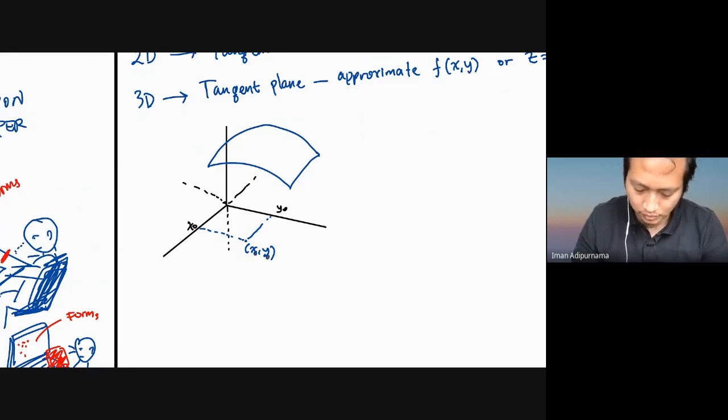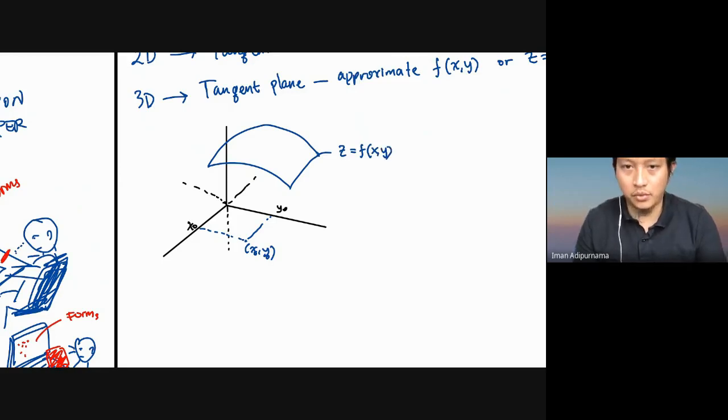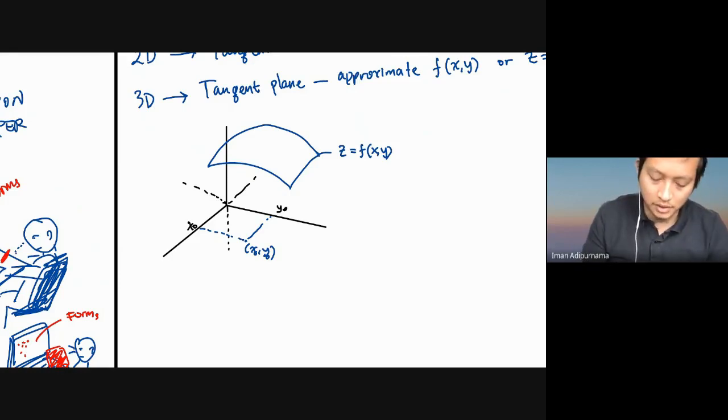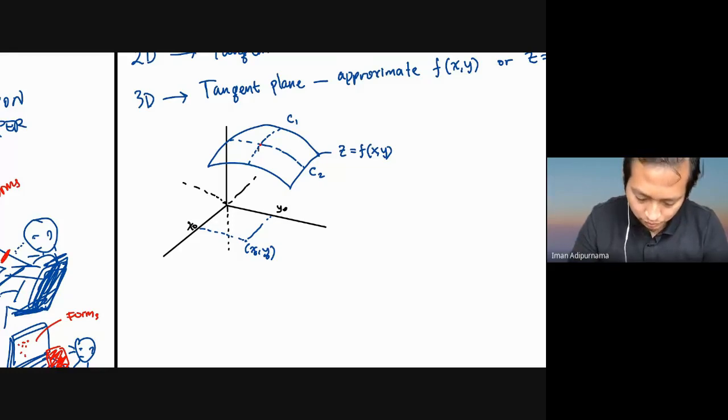And this will be the surface of z, let's say a function of xy. If we are cutting this surface, we have two curves. Let's say this is curve 1, because I want to make 1 as x and 2 as y. And then at this certain point here, oh sorry, let me redraw.